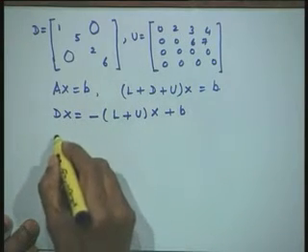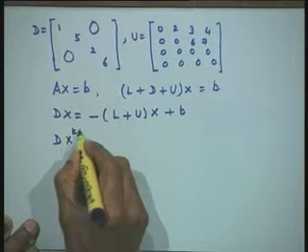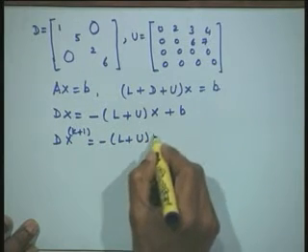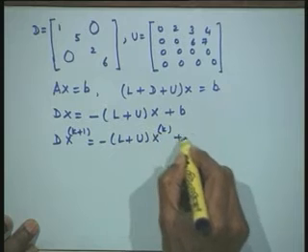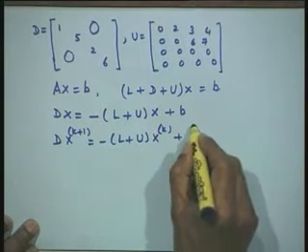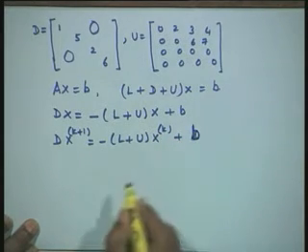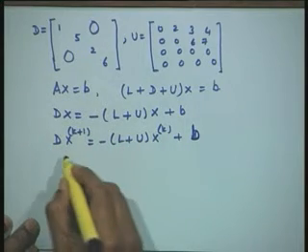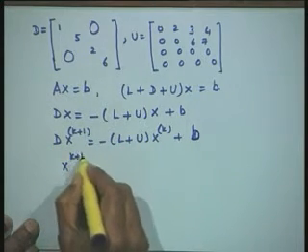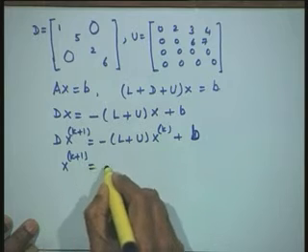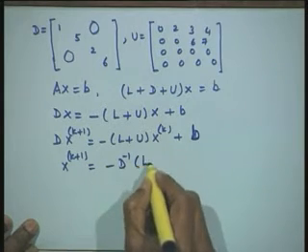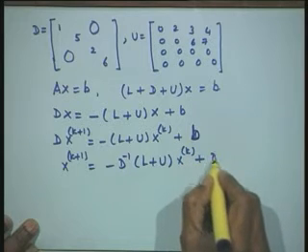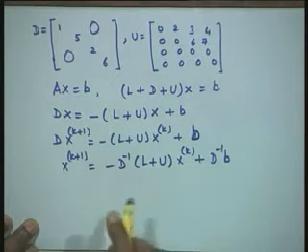Now, the iteration reads D of x^(k+1) is minus L plus U of x^k plus b. Now, I take D to the right hand side, invert D. So, I write this as x^(k+1) is minus D inverse of L plus U x^k plus D inverse of b.